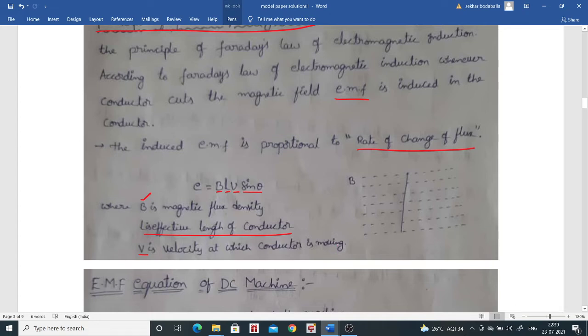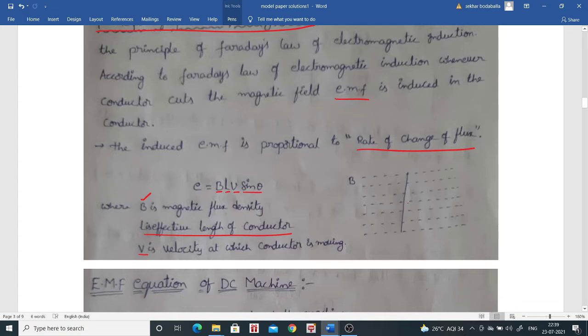So if I move a conductor with a velocity V in a magnetic flux having magnetic flux density B, then there will be an induced EMF in the conductor, which is given by B into L into V sine theta.